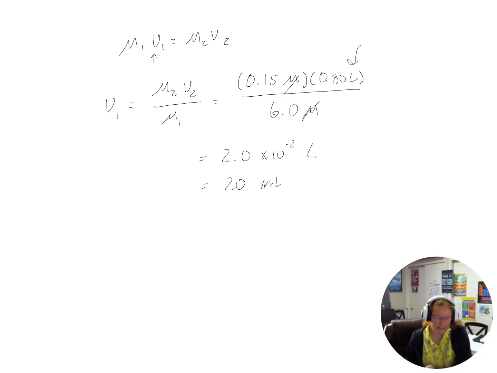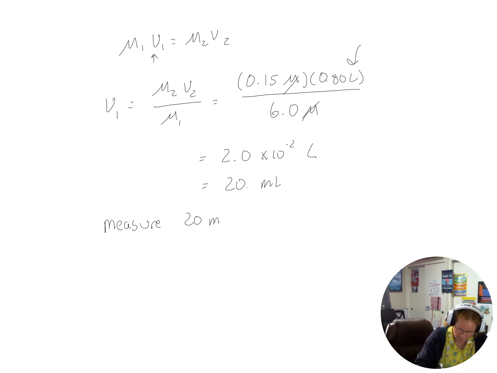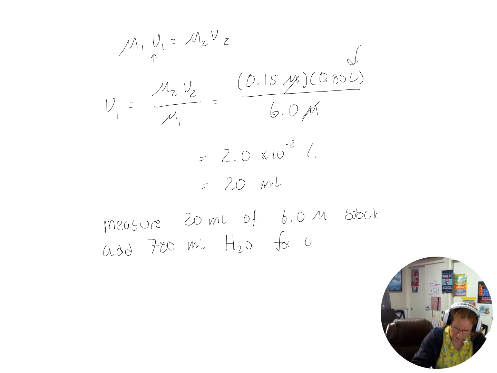So what I would do is measure 20 mL of 6.0 molar stock, and then add, if I need a total volume of 800 milliliters, I would add 780 milliliters for a total of 800 milliliters, and that 800 milliliters is the 0.8 liters.